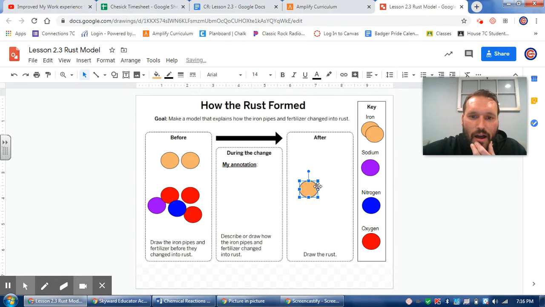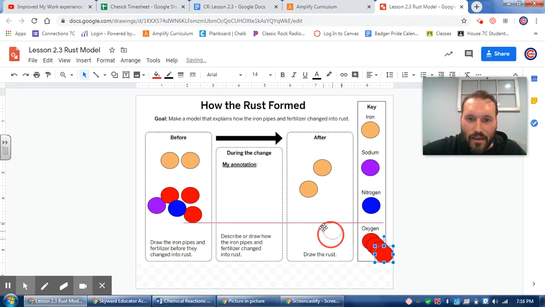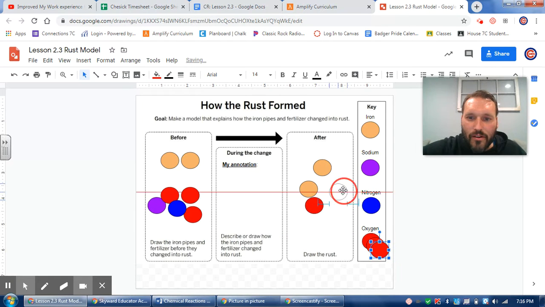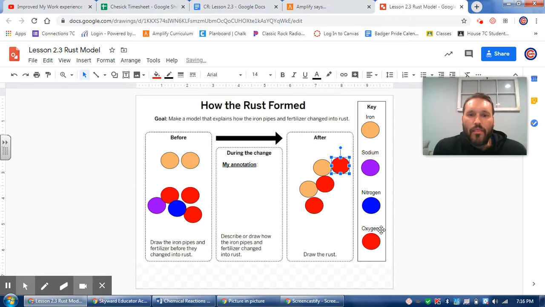Okay, I've got the 2 iron, and I know I've got 3 available oxygen atoms to rearrange, so I'm going to make a copy so I can put this here, and connect those together like it looked on the reference card. And there we go. Okay, that is the chemical reaction.